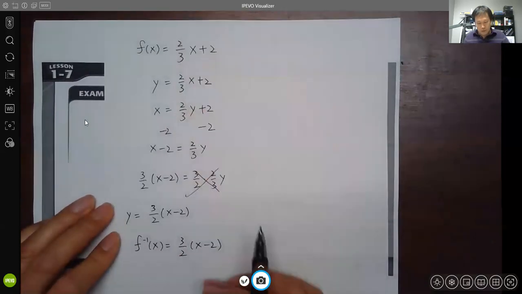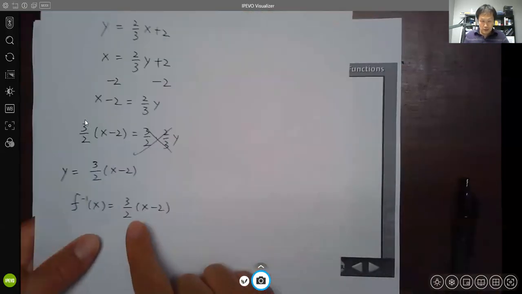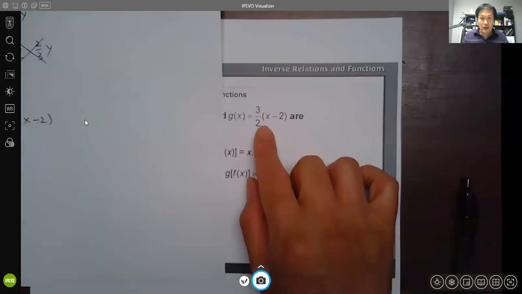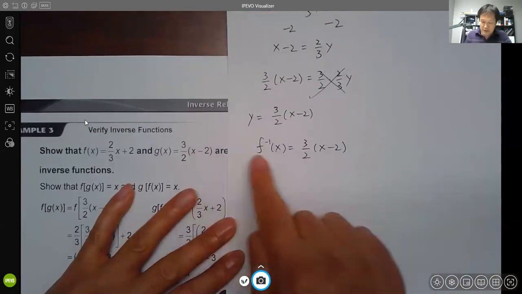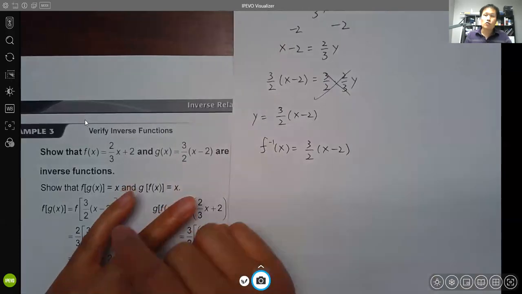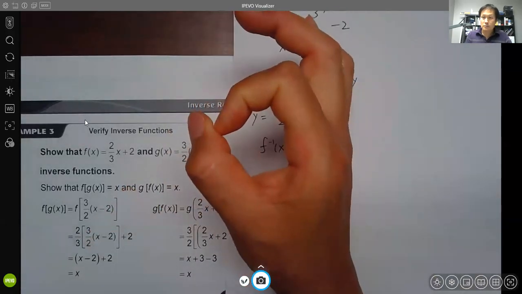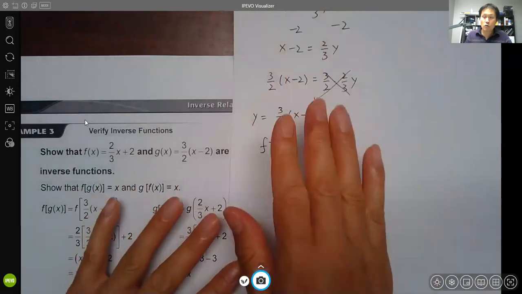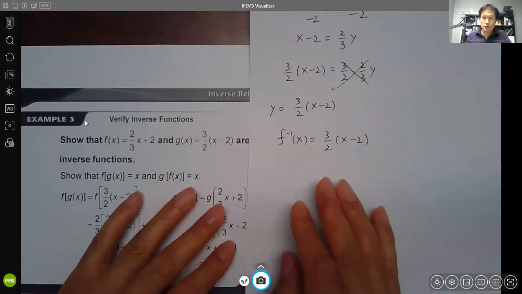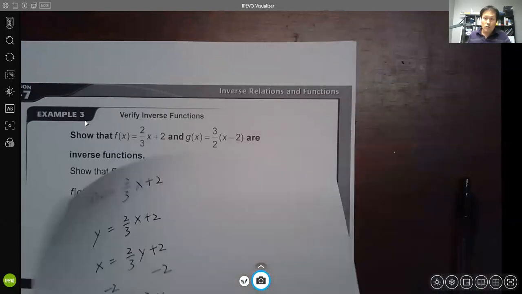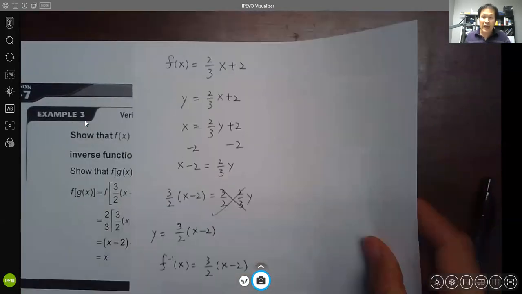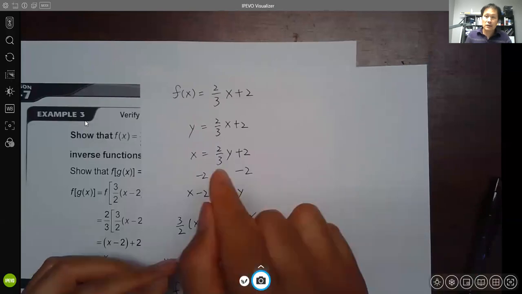You do all that work and you say, hey, look at it. This is exactly the same as this. This is the same as that. You get 0 credit. Yeah, this is a completely wrong way to do it. So don't do this. You do this when I ask you to find its inverse.